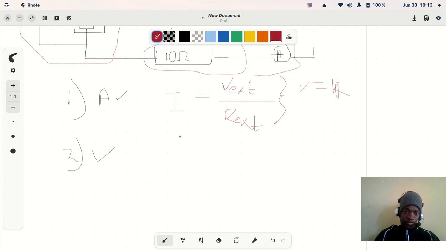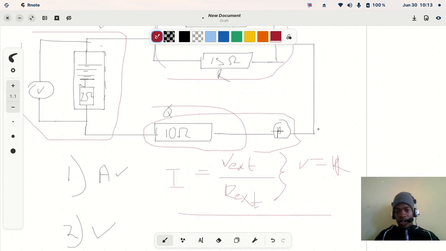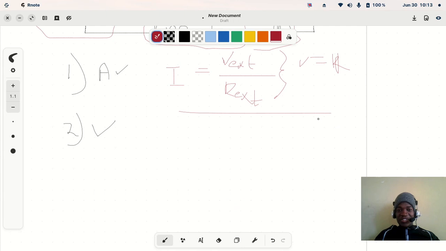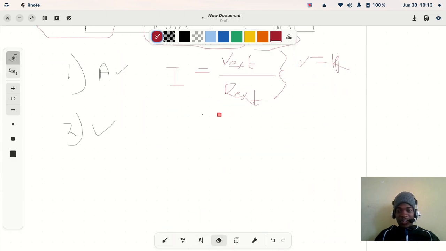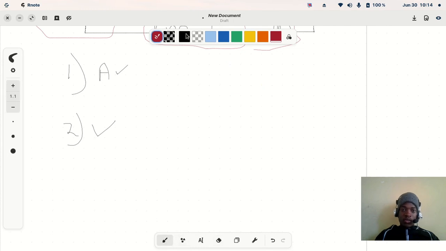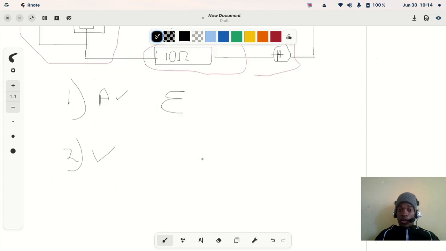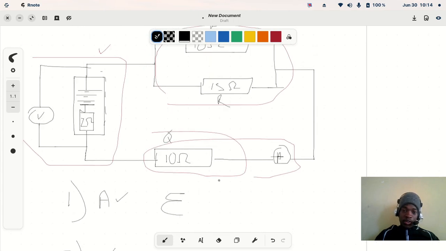Oh, no, I'm using the wrong formula here. This would calculate the current. Let me just erase that. Yes, we're calculating the current, sorry. So to calculate that current, we can use the internal circuit.